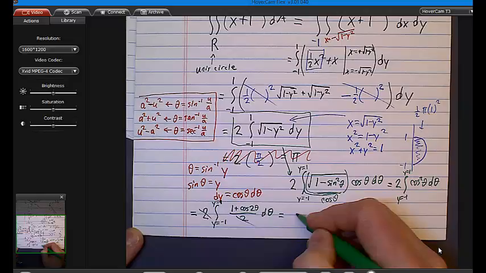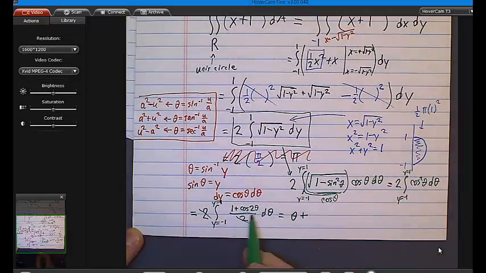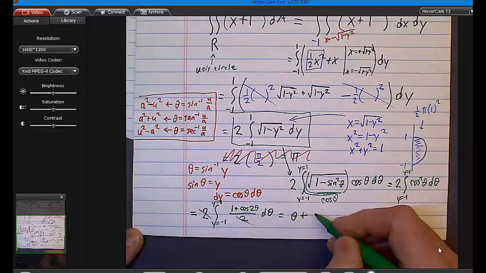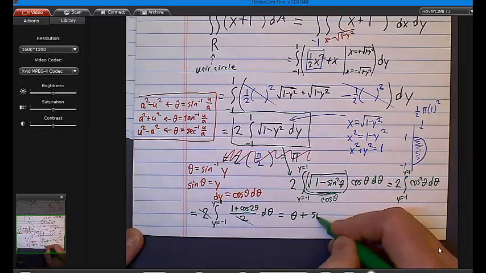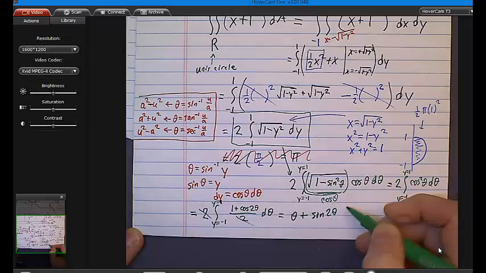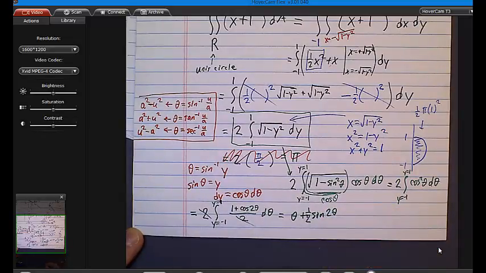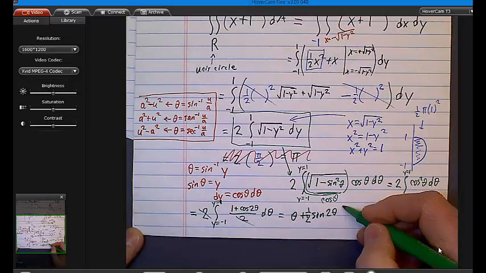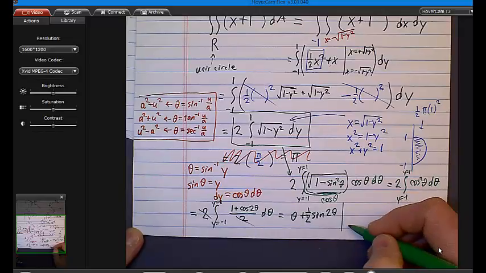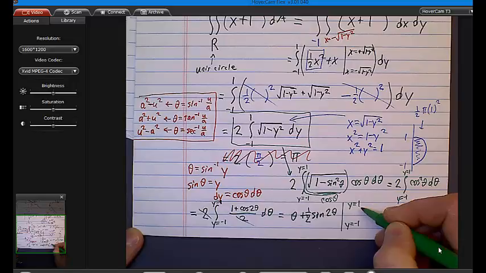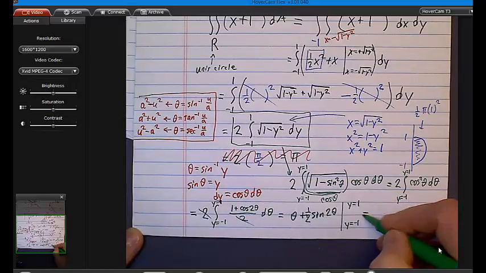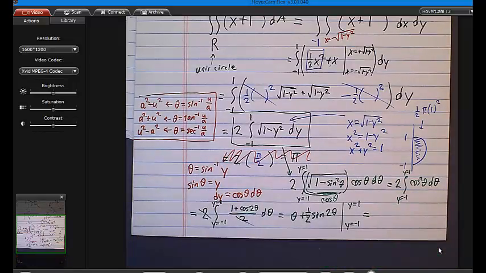So we get theta plus, now when you integrate the cosine of 2 theta, you get the sine of 2 theta, but because of the chain rule, or your u substitution, you have to put a 1/2 out front, right? And I want to plug in, but I still have y's because you guys didn't want me to switch them. So I can't yet. I have to do a little more here.